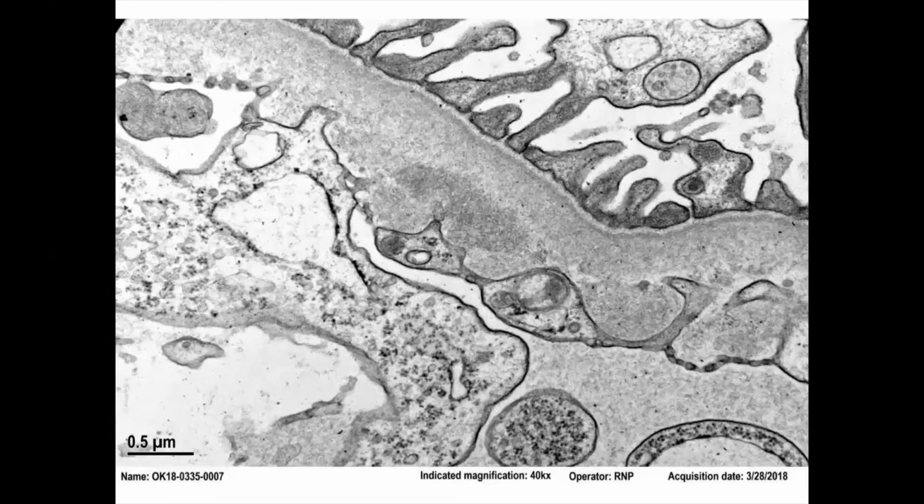Okay, very focally ممكن يكون عندنا subendothelial deposits. Very focally we can have that. And in this particular disease it means إن إحنا we have a little bit of activity in this disease.